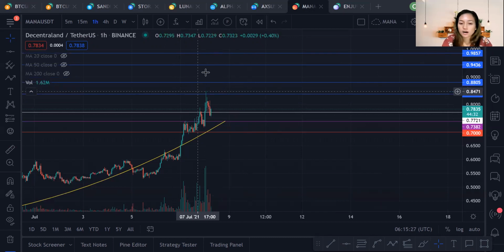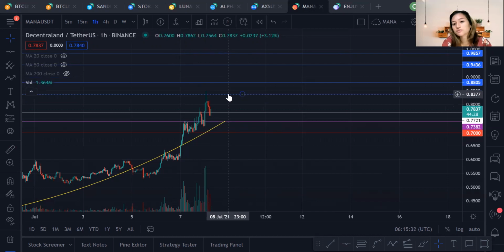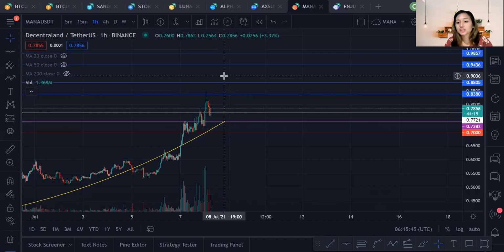Okay, so if you are entering around the first target, or this blue line, because I will upload this and maybe the market has already moved so fast, every time it has some consolidation, the bottom of that consolidation can be your stop loss.